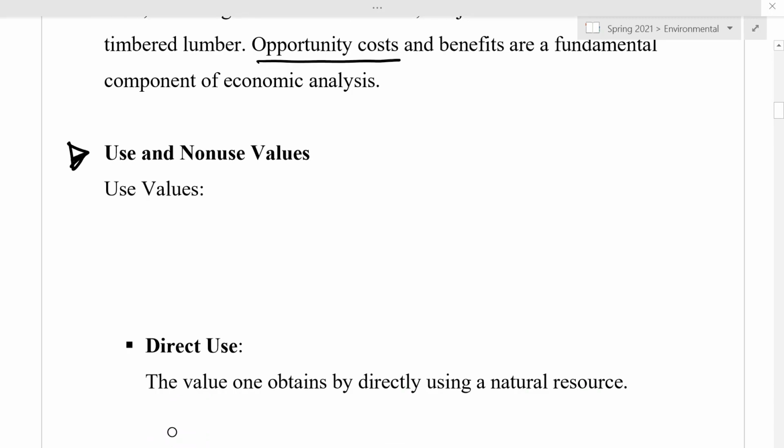So we're going to have two broad categories, use value and non-use value. We're going to start with use value. This is the value placed on the tangible or physical benefits of a good or a service, including direct and indirect use. So that's kind of a lot there.